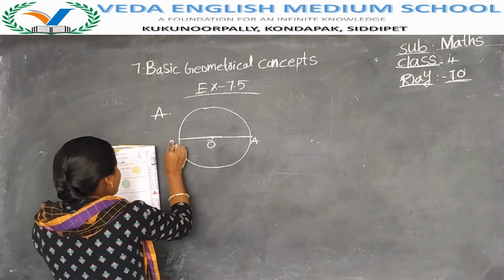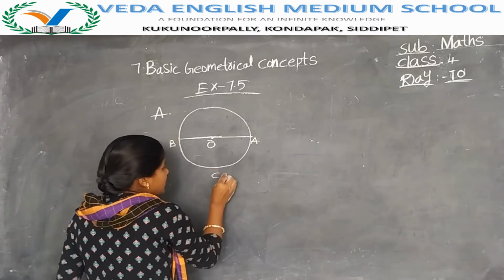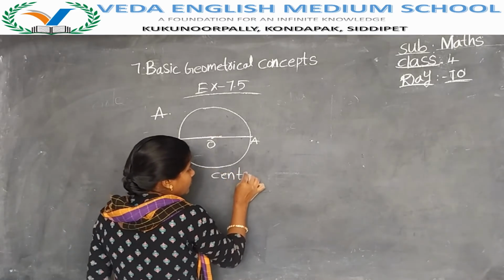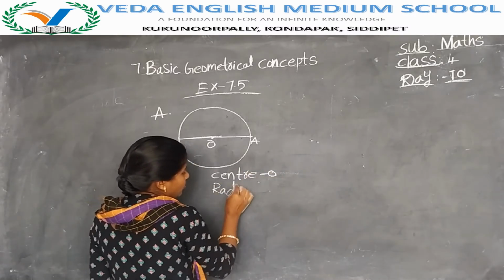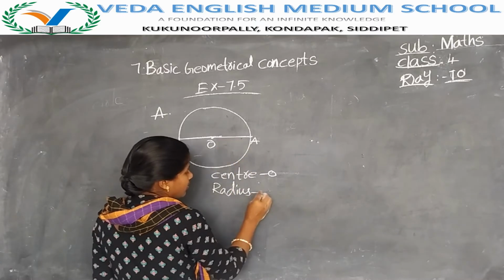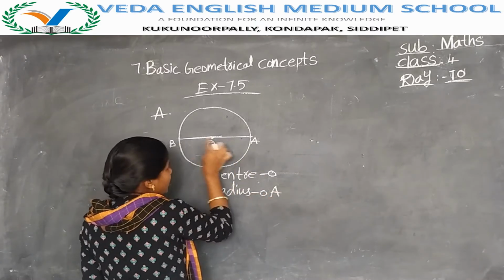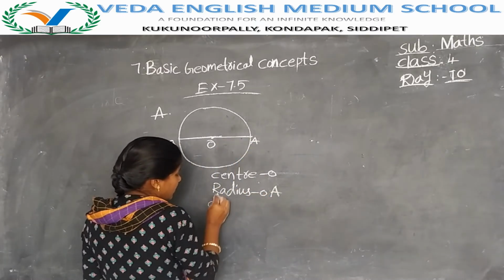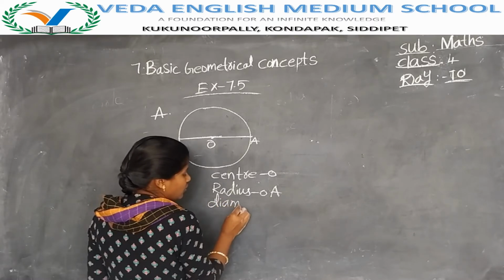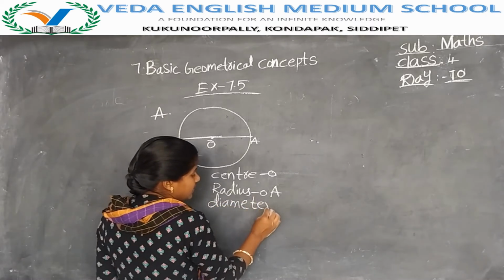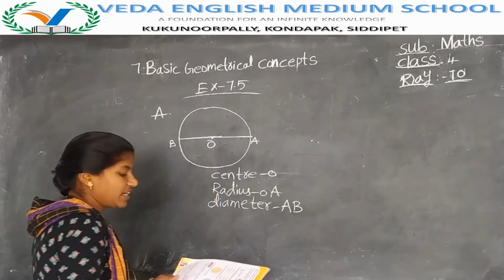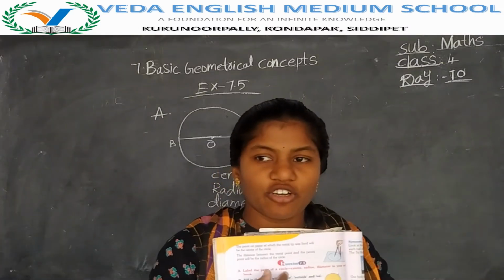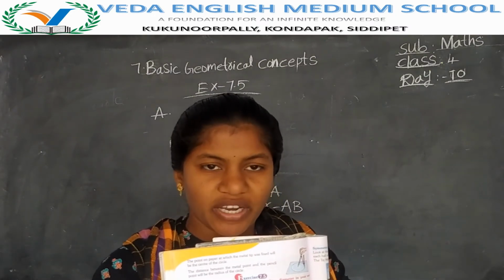AB is the diameter of the circle. In your notebook you have to write: center O, radius OA, diameter AB. First solution has completed. I am not writing the textbook questions, so while you are writing solutions, you have to see the solution in your textbook and write it.